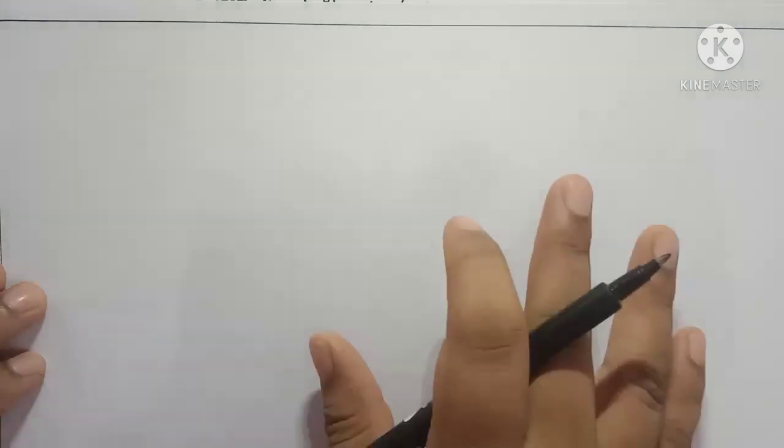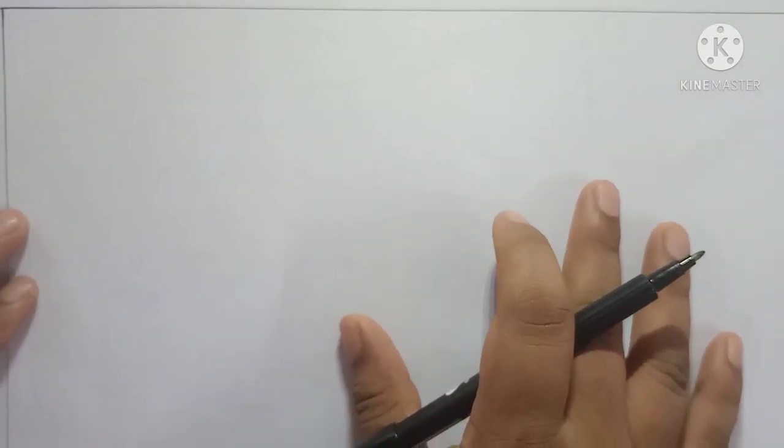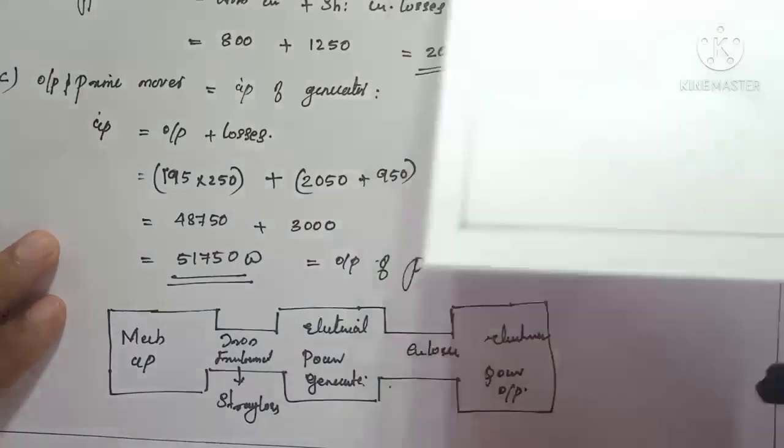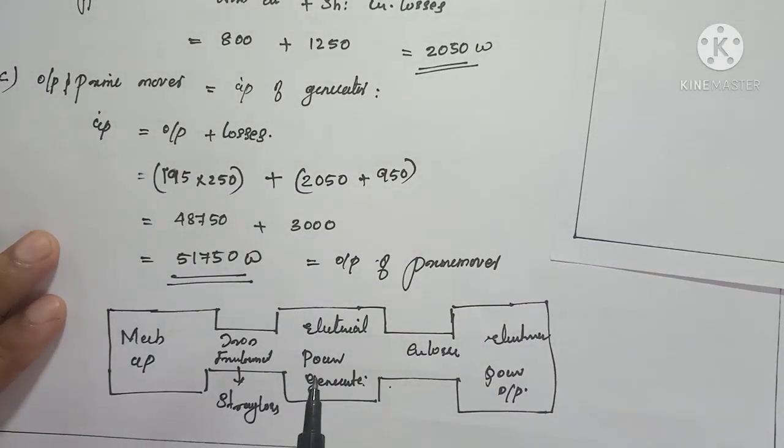So based on these concepts, we can solve this. First we can calculate the mechanical efficiency. Mechanical efficiency is nothing but the ratio of electrical power developed or generated divided by mechanical input. That is nothing but output by input.